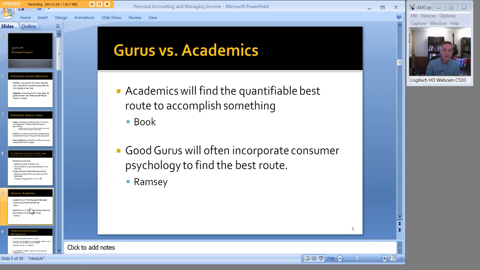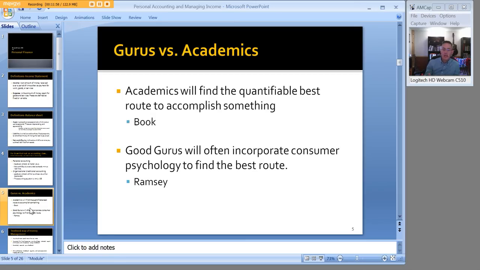For example, Dave Ramsey, some of you may have taken a class from him, talks about using what's called a debt snowball to pay off your debts. Now, most financial professionals would tell you when you start paying off any outstanding debts, you should start with the credit card or loan that has the highest interest rate and pay that one first. The reason you do that is because if you pay that off first, you will in fact pay less interest.